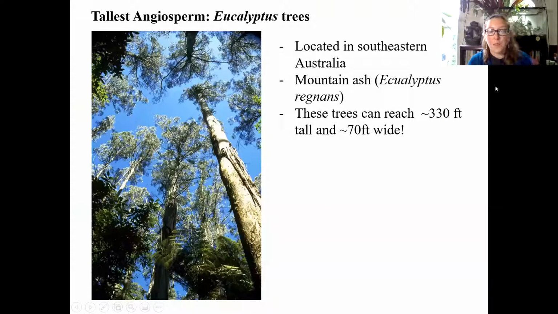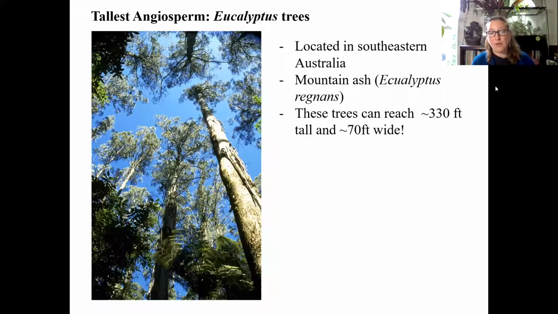We learned in the conifer lab that the tallest trees alive on the planet are conifers, right? But there are still some pretty tall angiosperms as well. The tallest angiosperms that exist are these eucalyptus trees located in southern Australia.